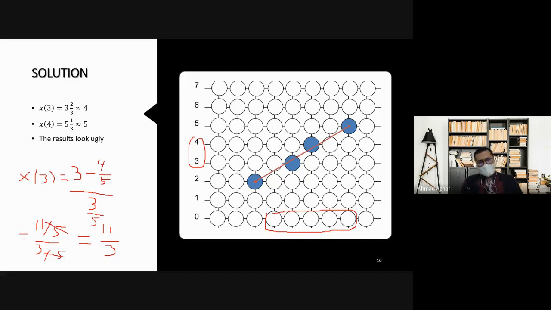So 3 multiplied by 2.3 would be like 0.6, so we round it up into 4, and 5 multiplied by 1 divided by 3 will be 0.3.